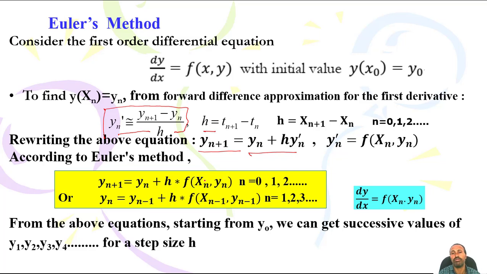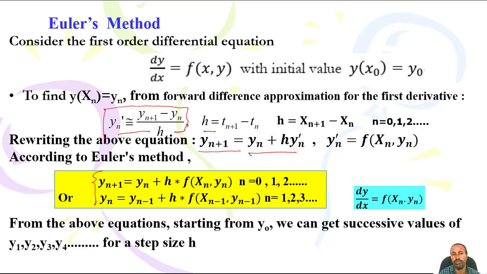Then y prime n is f of x n, y n, which is the derivative from the above. So according to Euler's method, we have Euler's equation: y n plus 1 is equal to y n plus h, the step size, times f of x n, y n, where n is 0, 1, 2, etc.